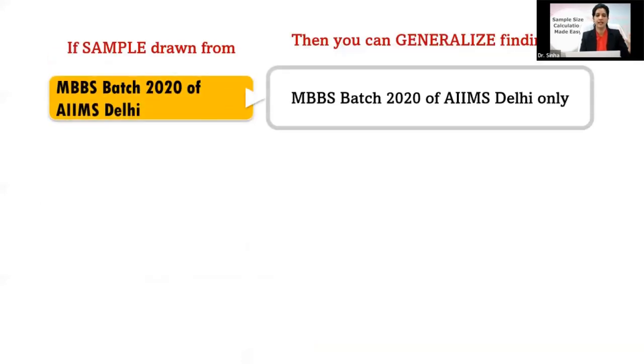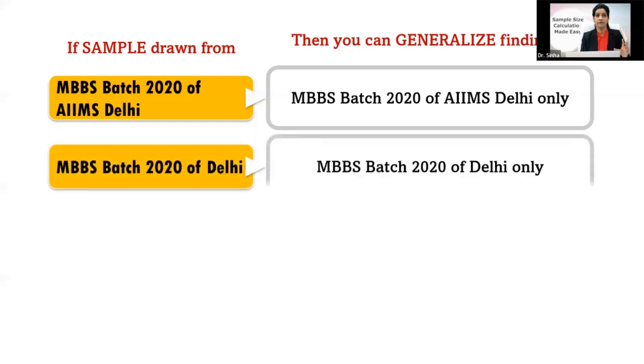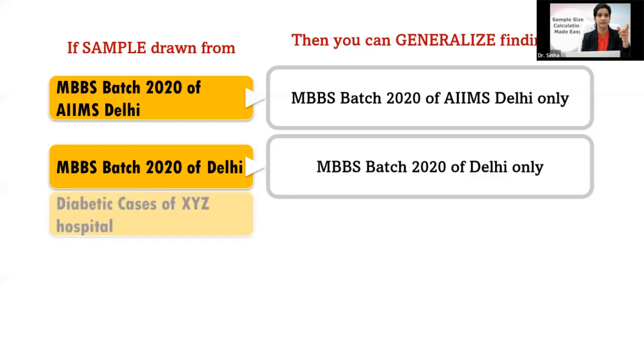Like in this case, if you are withdrawing a sample from the MBBS 202 batch of AIIMS Delhi, then your result will be applicable only to the 202 batch of AIIMS Delhi. If you are recruiting individuals from all the medical colleges of the 202 batch, then this will be the MBBS 202 batch of Delhi.